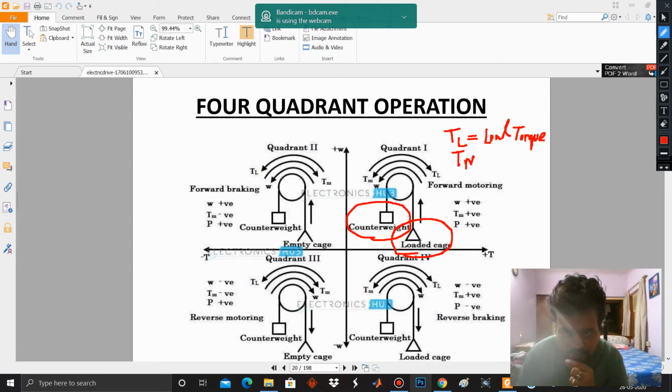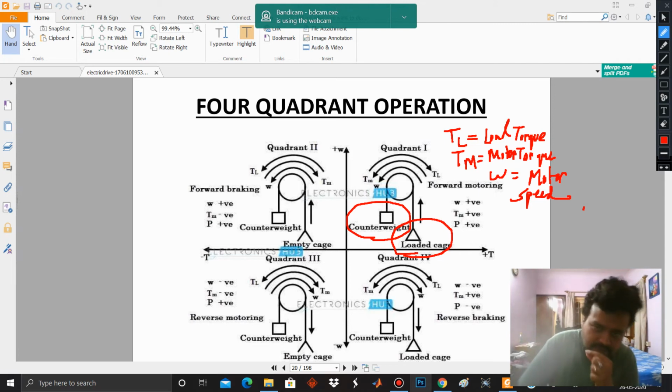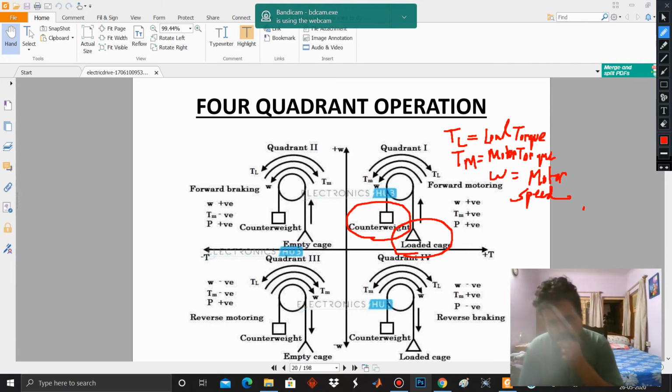Tau M is called the motor torque, and omega is the motor speed. So these are the symbols or notations that will be used in the explanation.